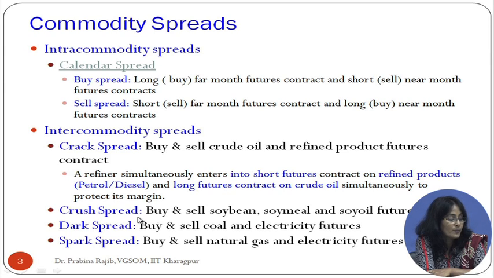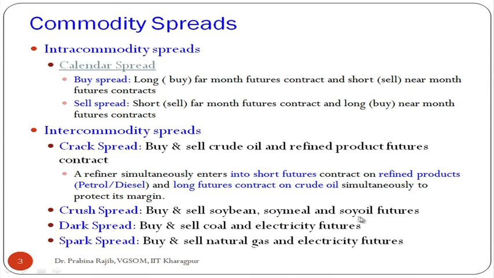Cross spread: somebody can take long futures in soybean and short futures in the derived products, that is soya meal and soya oil, or vice versa. That is also known as a cross spread. Dark spread is buying and selling coal and electricity futures. Spark spread is buying and selling natural gas and electricity futures.